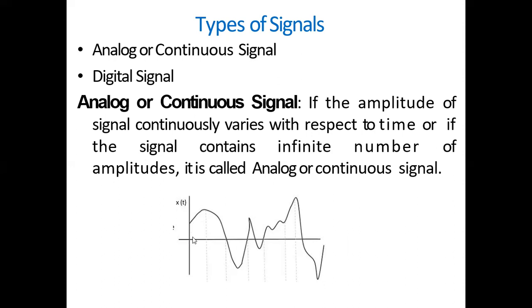At 0 it is 0, at 0.1 some value, at 0.2 another value, and so on. So the amplitude of the signal continuously varies with respect to the time period t.